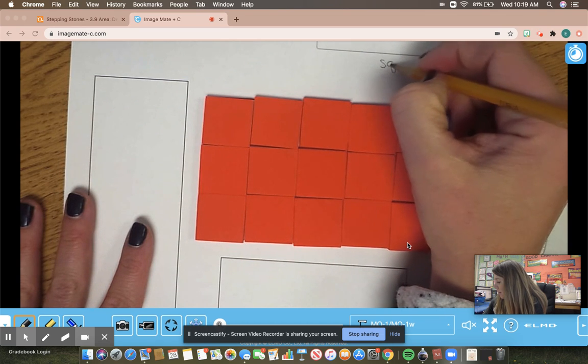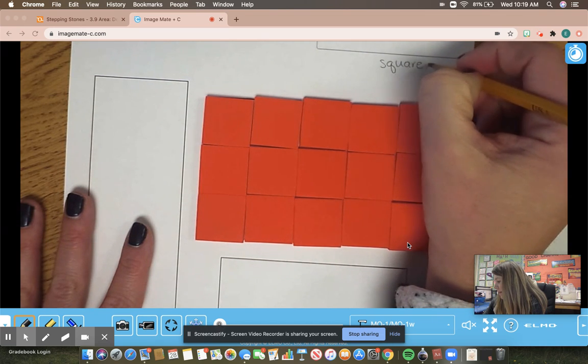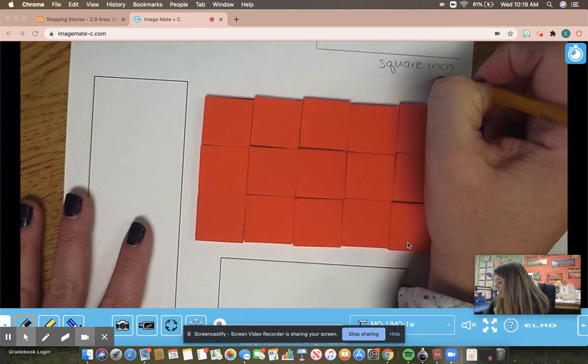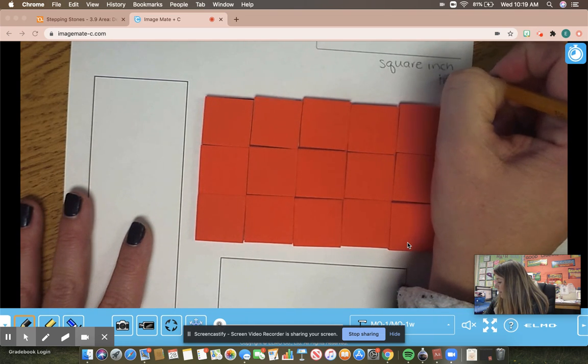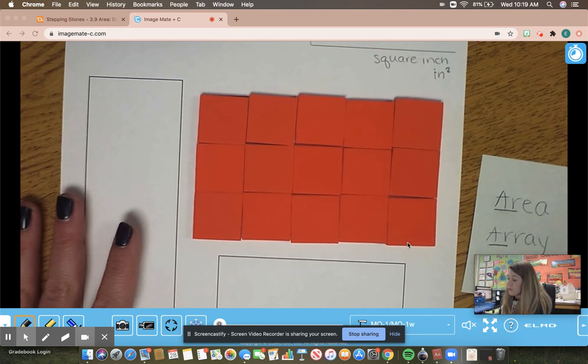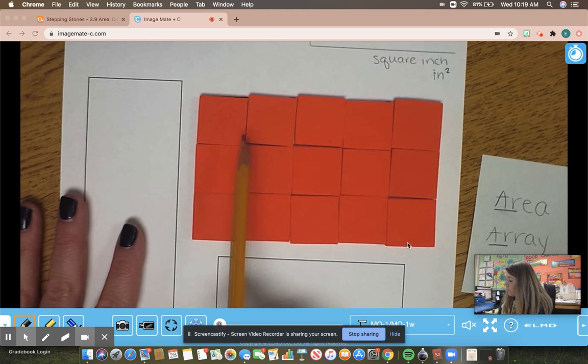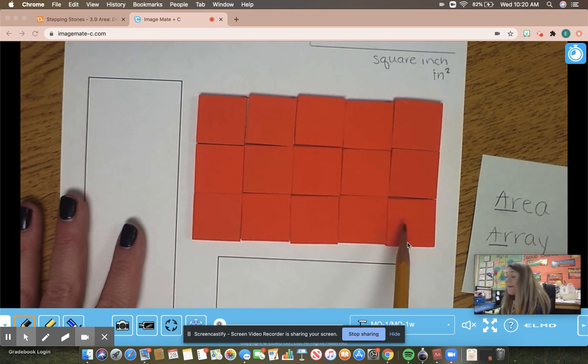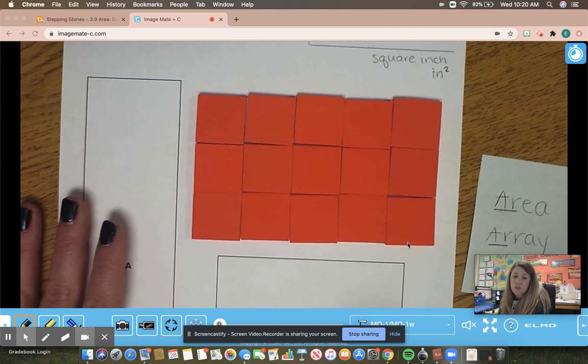I'm going to write that up here. And we write that like this. IN for inch with a little 2 up at the top. That shows a square inch. So if I count them, 1, 2, 3, 4, 5, 6, 7, 8, 9, 10, 11, 12, 13, 14, 15, I have 15 square inches.